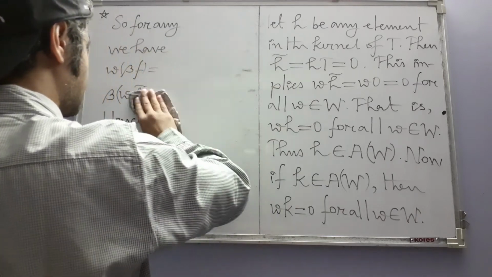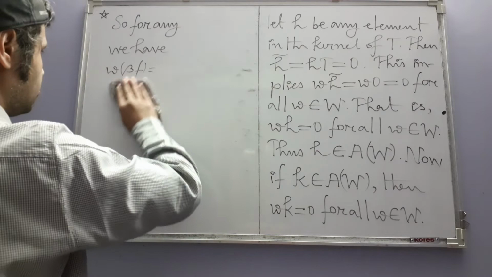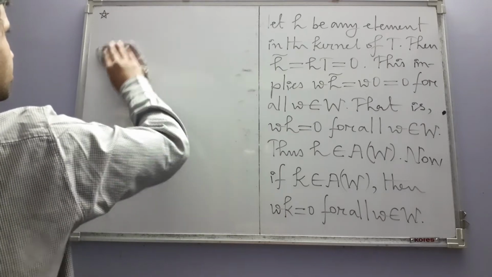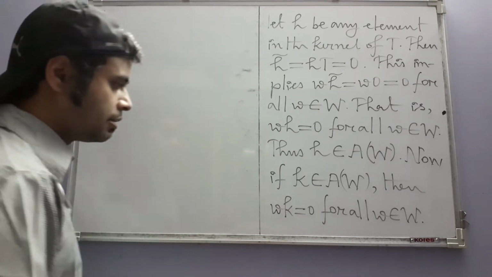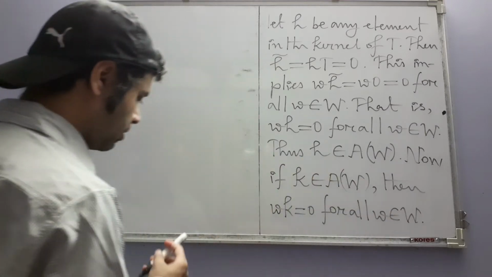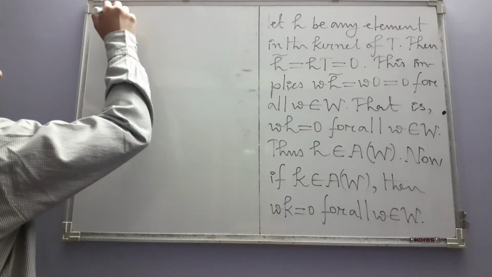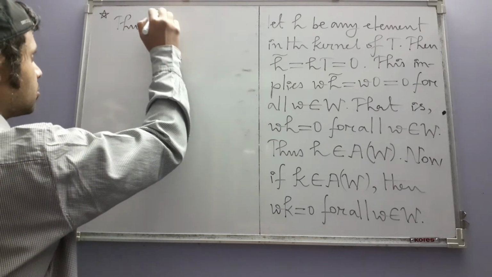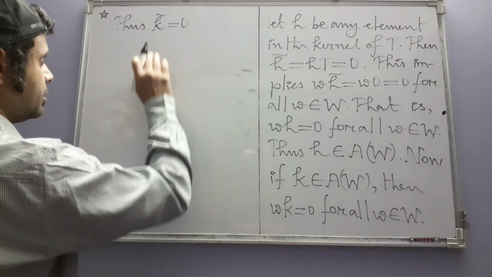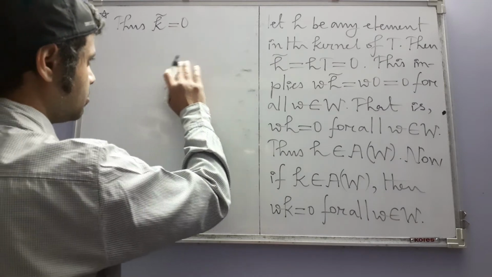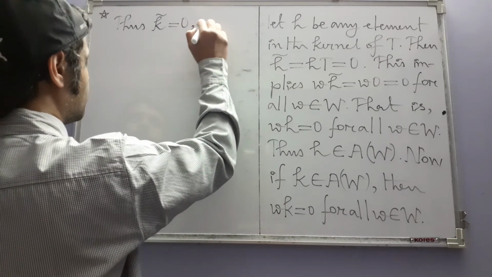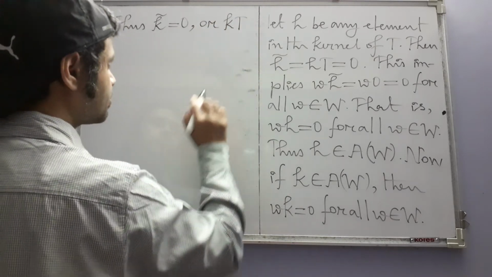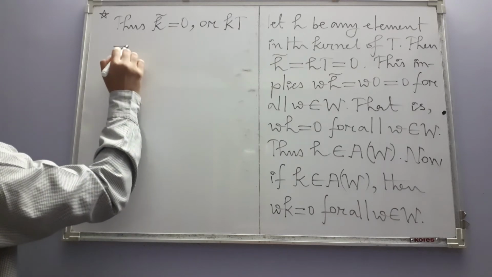It just simply means that the restriction of k on W is identically 0, and the restriction of k on W is k~ for all w belonging to W. Thus, this is identically 0, that is, this is the 0 function on W taking its values in F, but this is nothing but kt, and that is equal to 0.